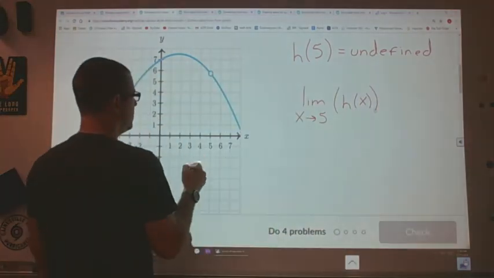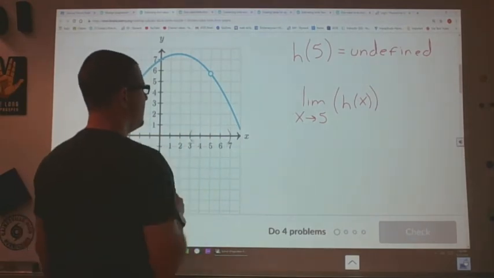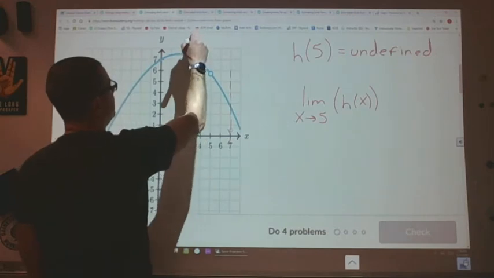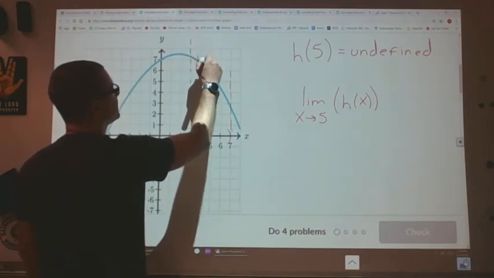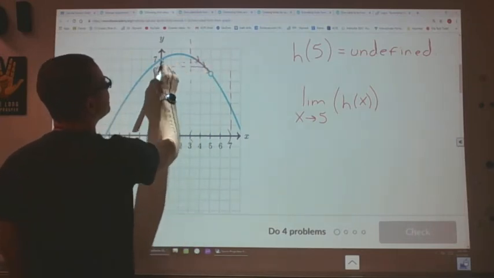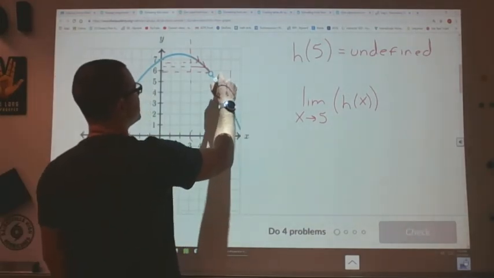Let's see what we get there. So taking 5, let's look at a neighborhood there. So I want to look at the graph, going towards that value, looking at those y values. And then here, same idea.